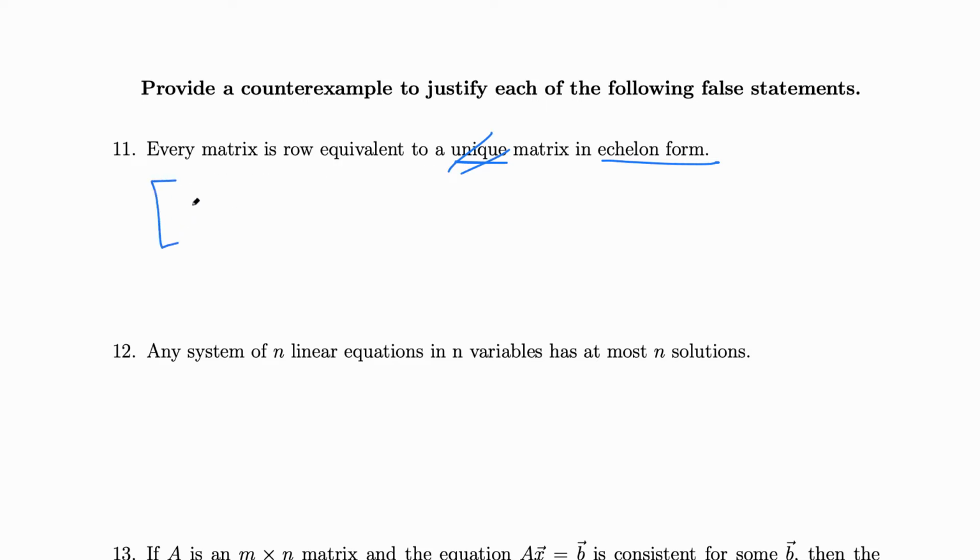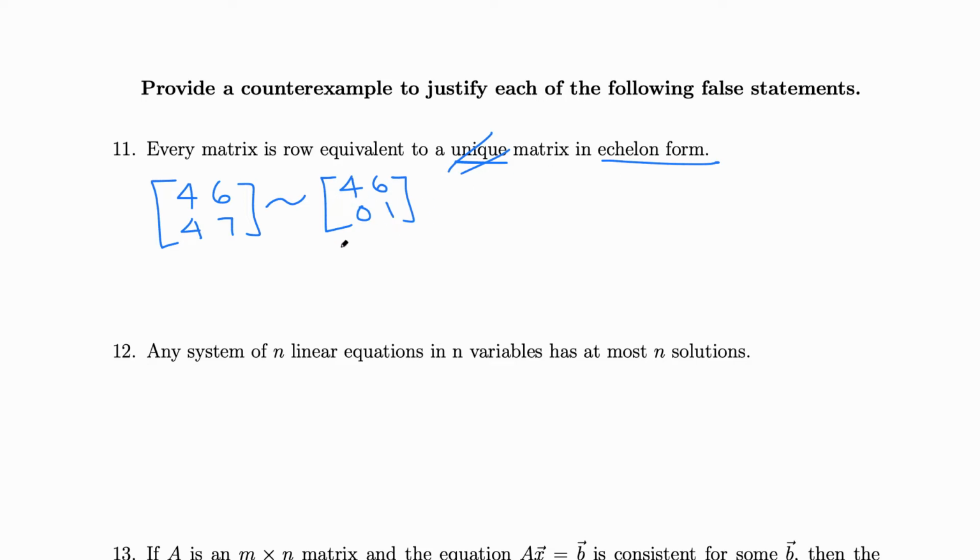So suppose we have a matrix 4 6 and let's say 4 7. Now I can row reduce this matrix. So this is 4 6, then subtract 0 1. So this is in echelon form. We have a pivot and pivot.